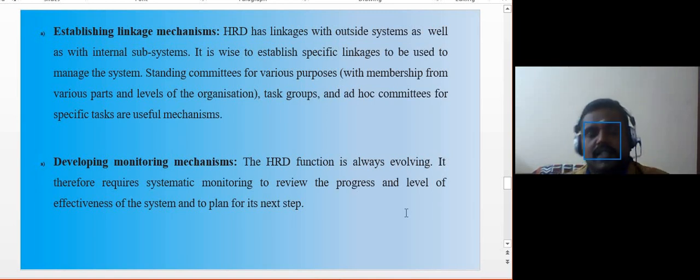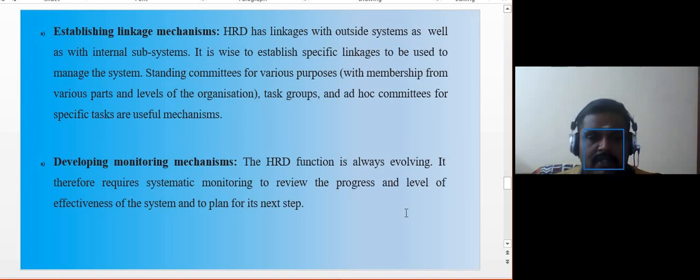The HRD has linkages with outside systems as well as with the internal subsystems. It is wise to establish special linkages to manage the system, and some standing committees are to be formed to attain the objectives of the business as well as the organization. Some task forces and other committees are formulated as useful mechanisms. And developing monitoring mechanisms: the HRD system and its functions are always evolving.